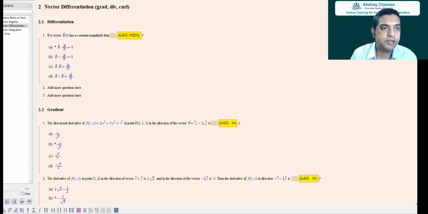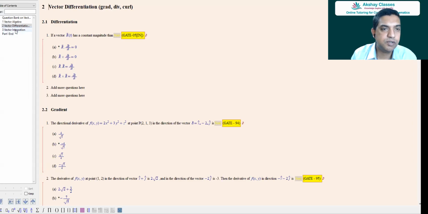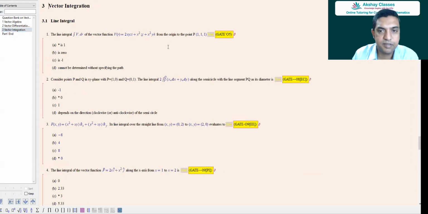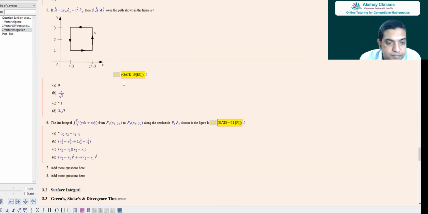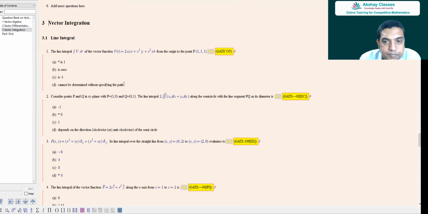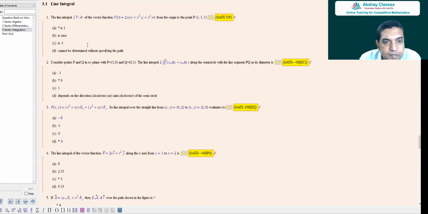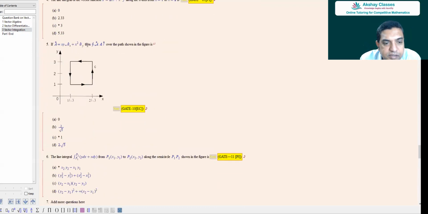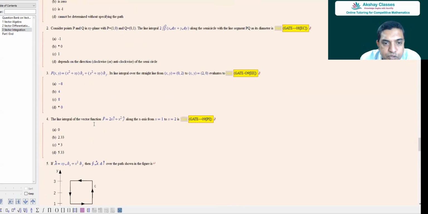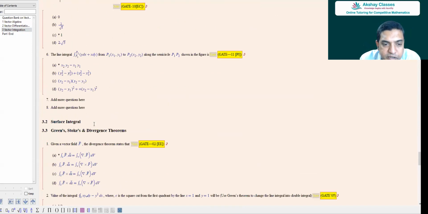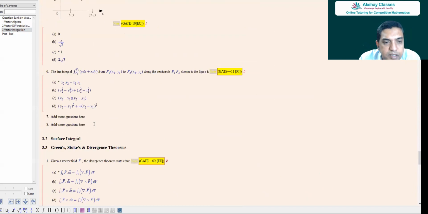So here you see questions on vector integration. These are questions on line integrals. In a period of 10 years, we get line integrals. We will do these problems tomorrow after we finish Green's theorem and Stokes theorem.